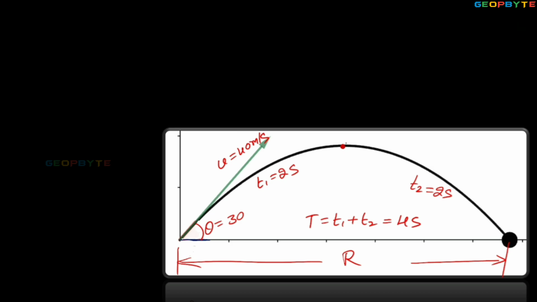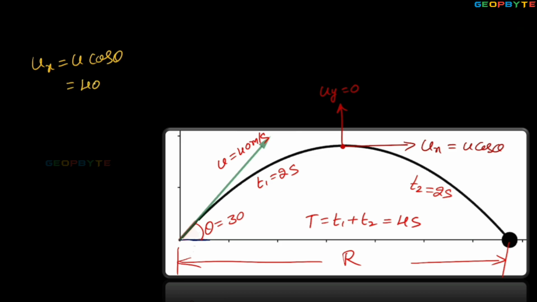At the highest point, vertical component velocity uy equal to 0. It is having only horizontal component velocity ux, that is equal to u cos theta. Therefore, the velocity of the projectile after 2 seconds equal to only the horizontal component velocity u cos theta.